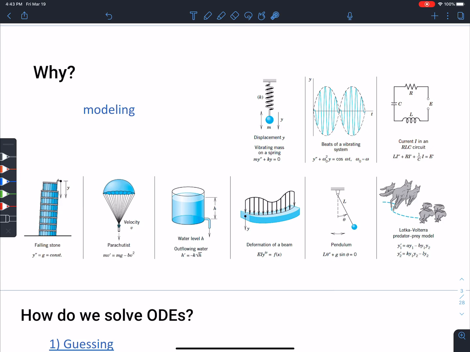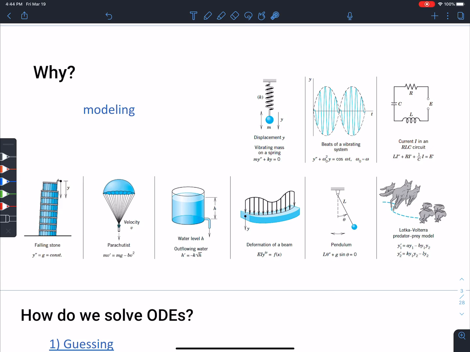And again, the system will oscillate. If you start it with a slightly stretched value here, the system will go up and down, and eventually decay. If there's some friction, it will decay to a steady state solution, right? But the laws that govern the motion of this system here are expressed in differential equation form.